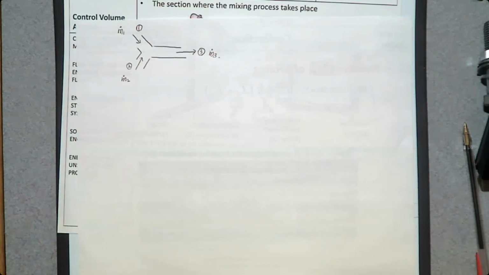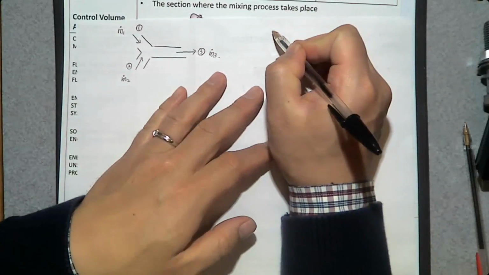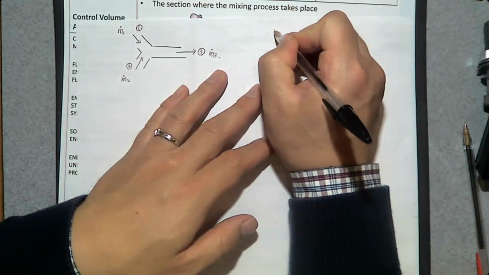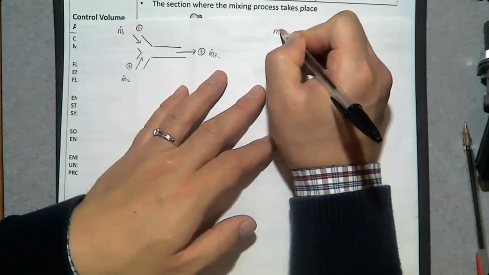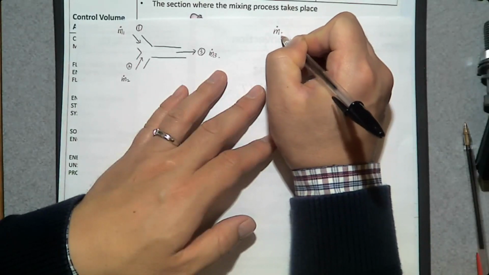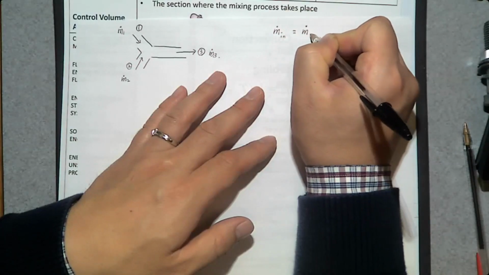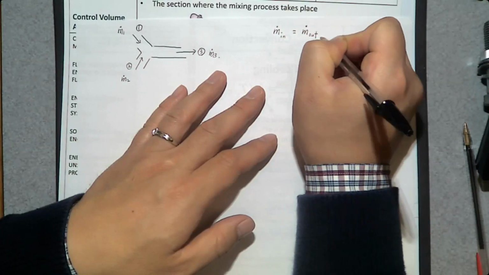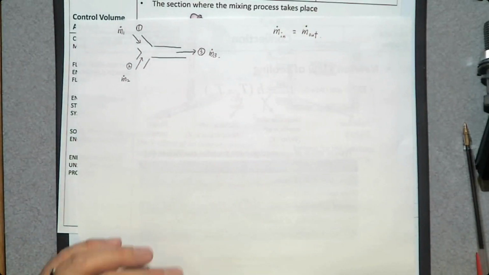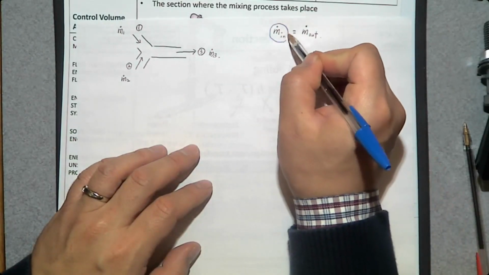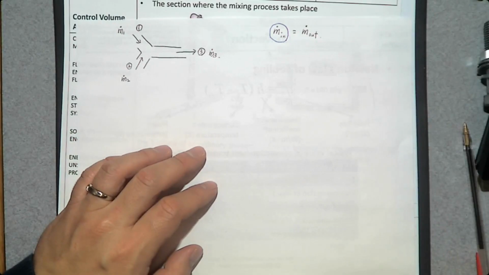I guess it's time to write the mass balance equation. The general mass balance equation is simple: mass transfer into a system should be the same as mass transfer out of the control volume. What kind of mass transfer goes into this control volume?